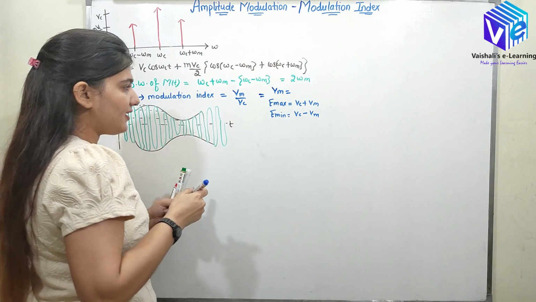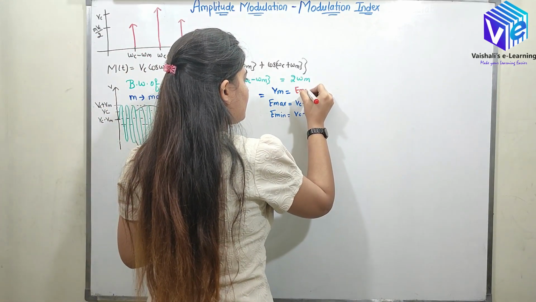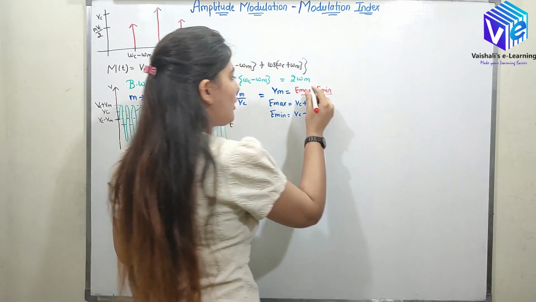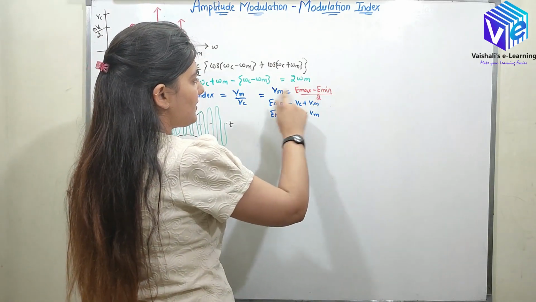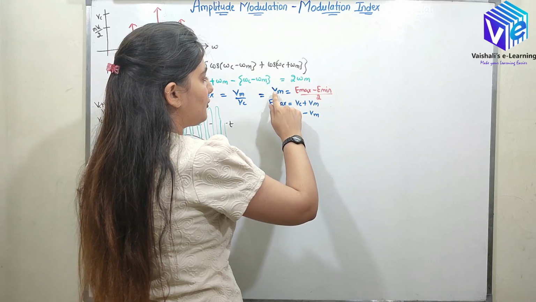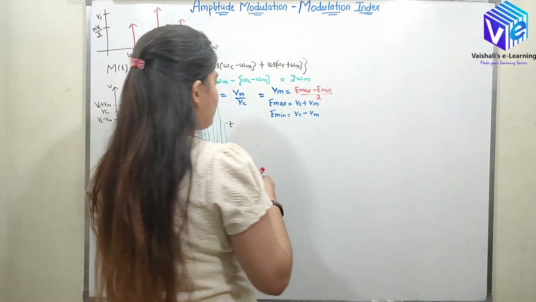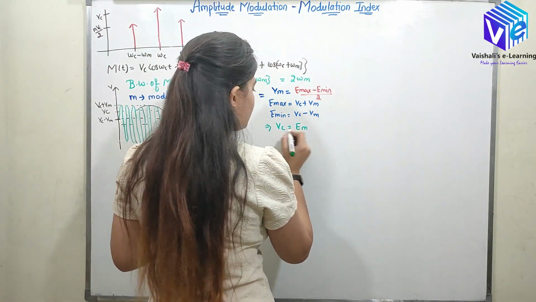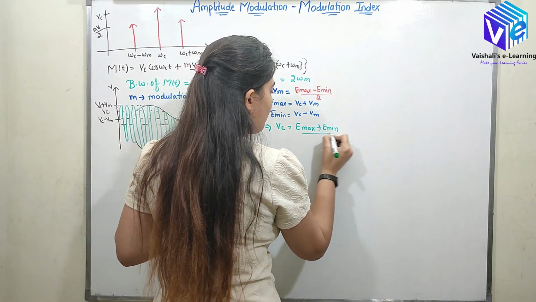then Vm can be given as (Emax minus Emin) upon 2, because Emax minus Emin was 2 Vm. When I took 2 to the other side, I am left with Vm equal to (Emax minus Emin) upon 2. Similarly, Vc would be given as (Emax plus Emin) upon 2.